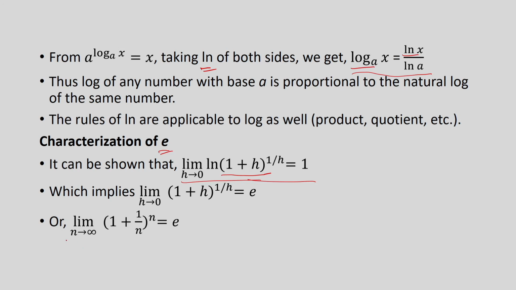Or, instead of h, I am taking the reciprocal, suppose that is n. I am replacing h by 1 divided by n, and if h goes to 0, then n goes to infinity. So, the limit as n goes to infinity of 1 plus 1 divided by n to the power n will be equal to small e. So, this is another way to understand small e.